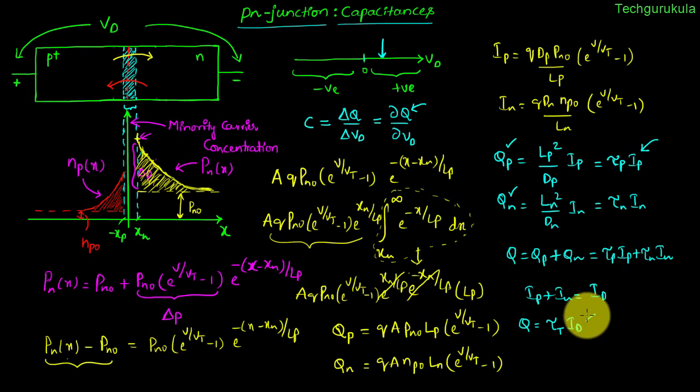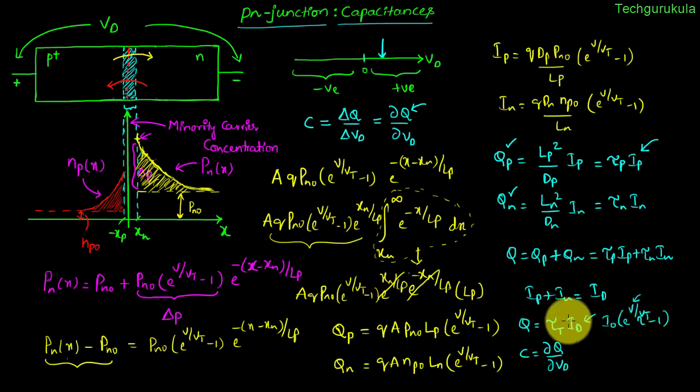And we know the expression for ID, which is given by I naught times e power v over Vt minus 1. If you take the diode to be non-ideal, then we would have an eta, and v can be substituted by Vd, which is nothing but the voltage across the diode. Then we can find the capacitance, which is del q over del Vd.